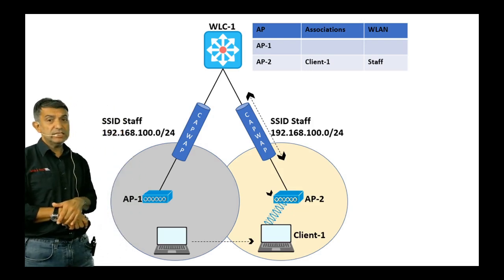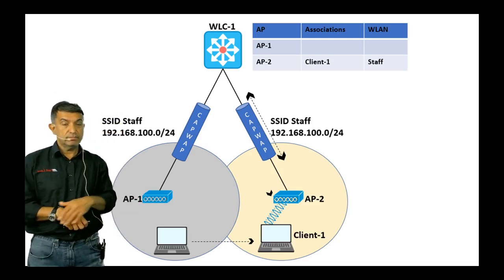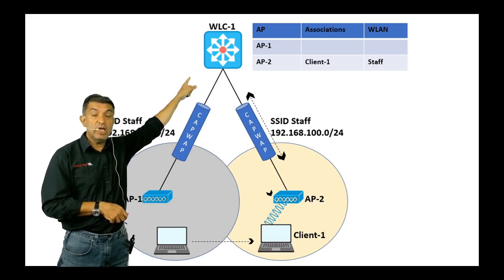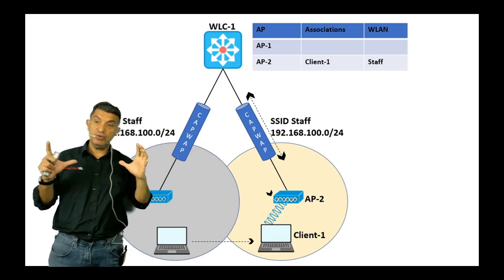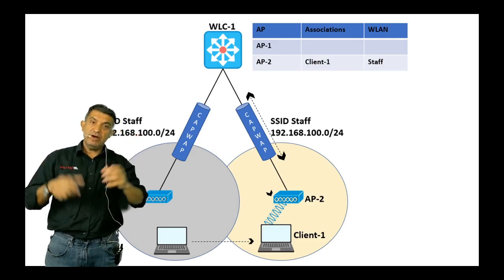In the case we have the wireless LAN, for example, we could have a wireless LAN controller. It could be one device, it could be a cluster, or an HA, high availability, pair.